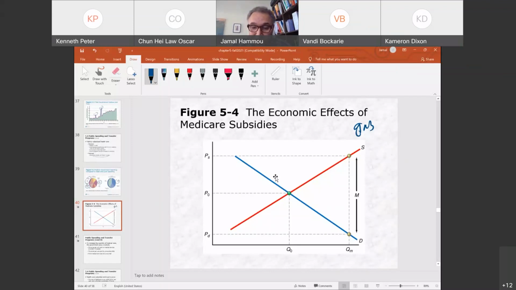The government looks at what quantity of gas is consumed. Let's say 1 million gallons. The government will contribute $1 for each gallon. That's $1 million, for example. I'm just making an example. But the problem with this system is that you are helping everybody. Everybody that consumes gas receives a subsidy of $1.